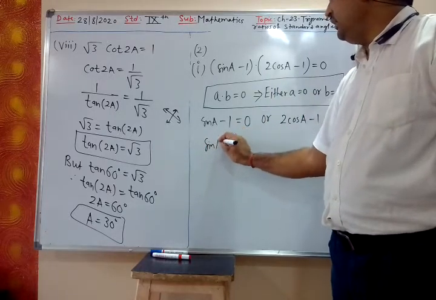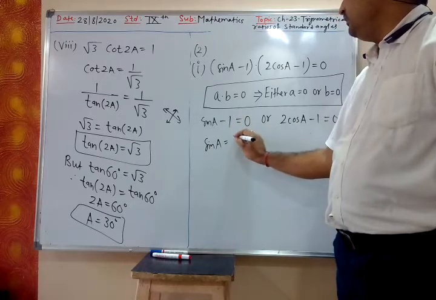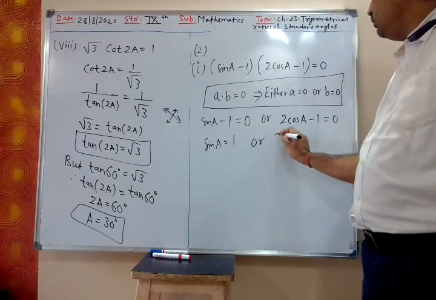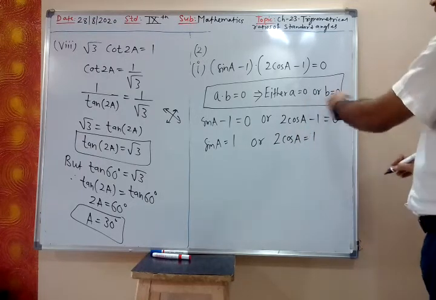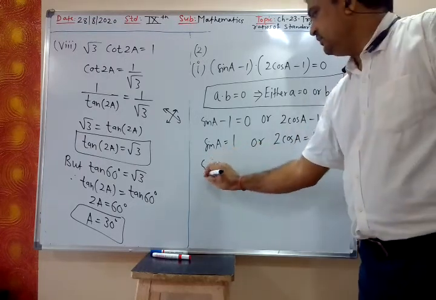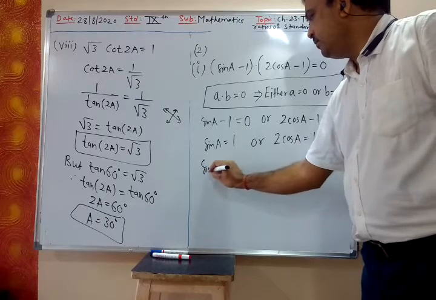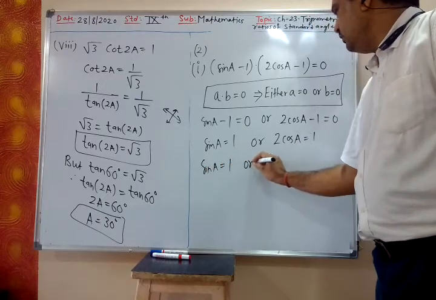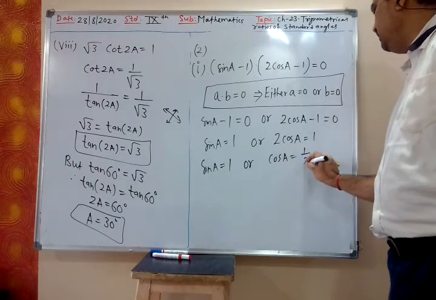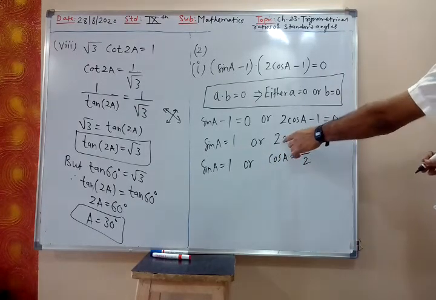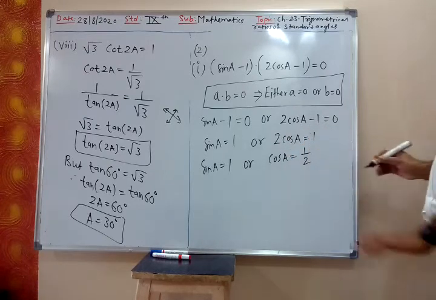That will give you sin a is equal to 0 plus 1, or 2 cos a is equal to 0 plus 1. We take 1 on the other side. So sin a is equal to 1 or cos a is equal to 1 by 2. I am taking 2 in the denominator. 2 cos a is 1, so cos a is half.